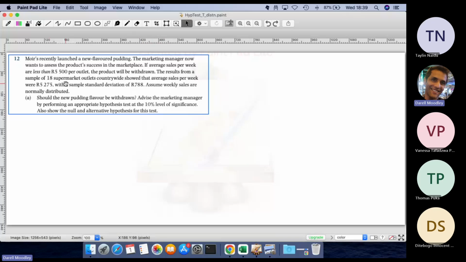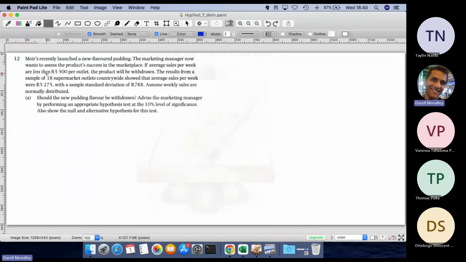The results from a sample of 18 supermarkets. Now I'm going to start underlining things because we are going to be using that in a second. So the one thing they're checking for is less than 5,500. The next part they're giving us is they have a sample size of 18 supermarkets. This is our n, which is 18.